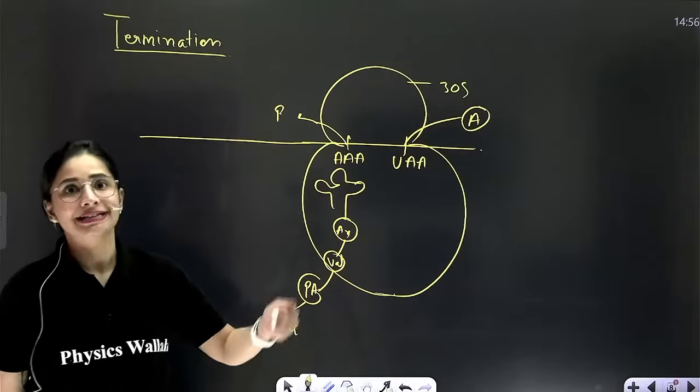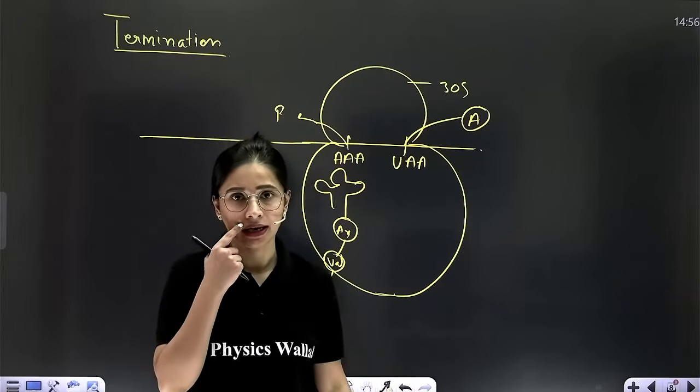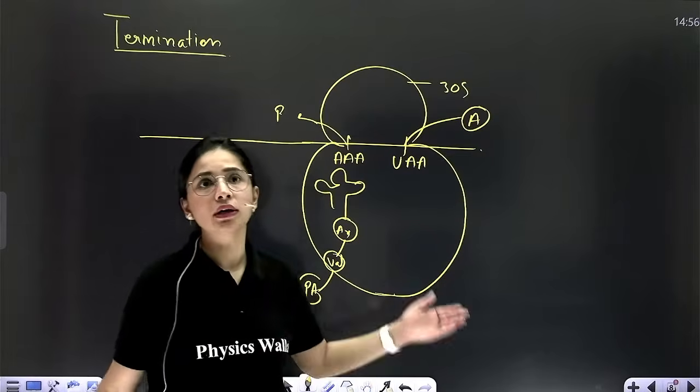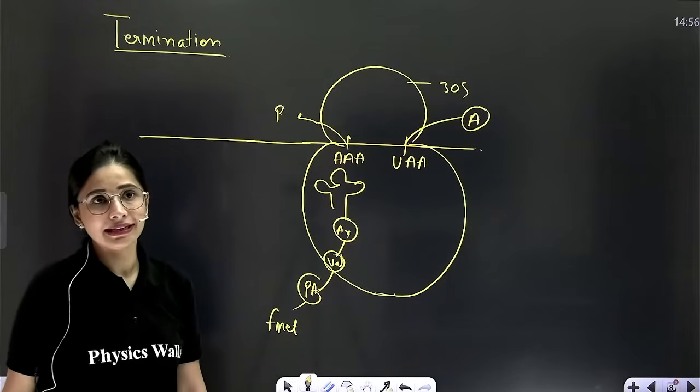Peptidyl transferase, catalyst, 23S rRNA. So you can see all three types of RNA are involved in the process of translation.